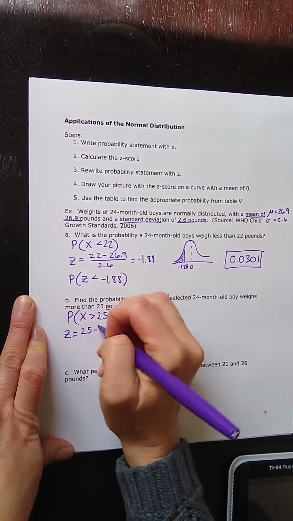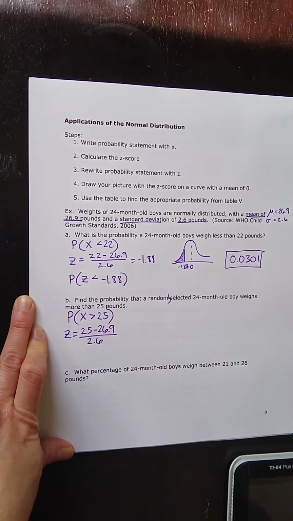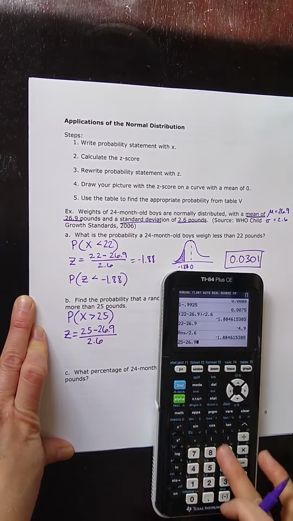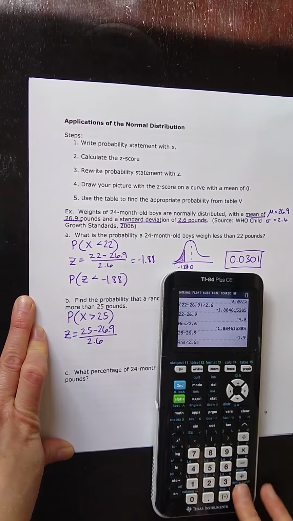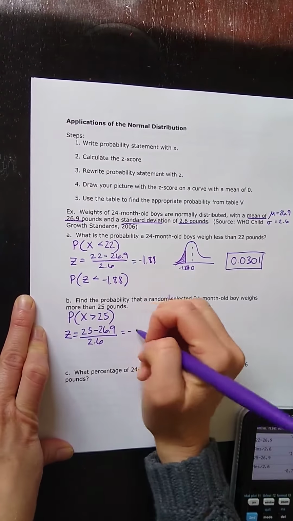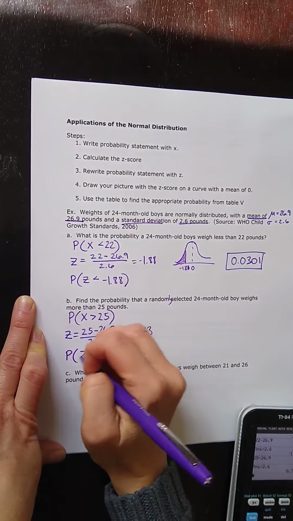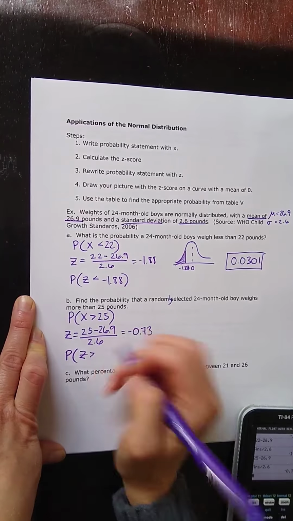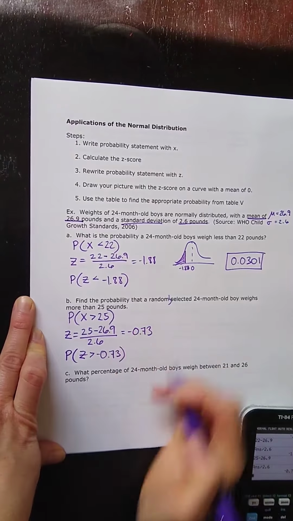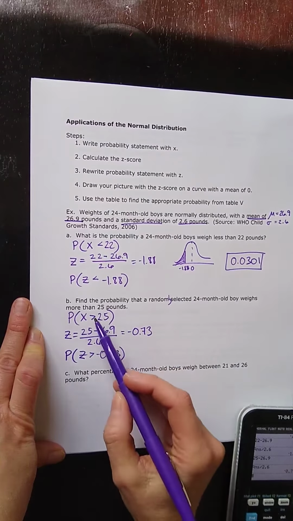So z is 25 minus 26.9 over 2.6, and I get negative 0.73 for my z-score. So the probability statement with z is that I'm looking for when z is greater than negative 0.73.